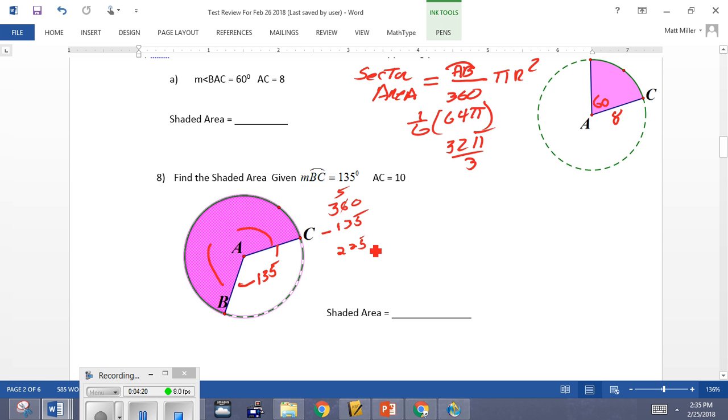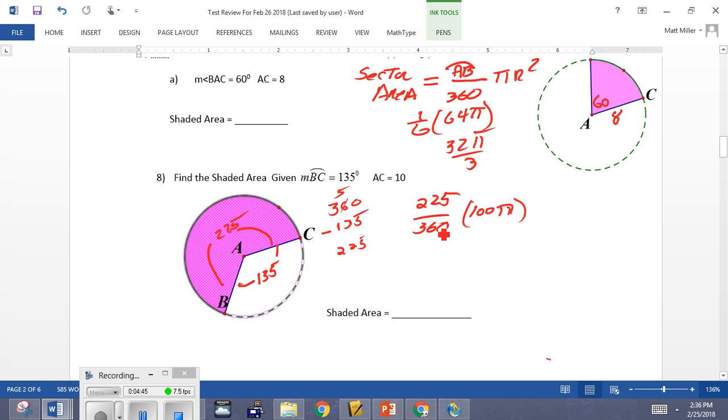That's 225 degree arc. So my arc that I'm concerned about is 225 over 360 times pi r squared, which is 100 pi, because r is 10. So make sure you see that this arc is the 225.